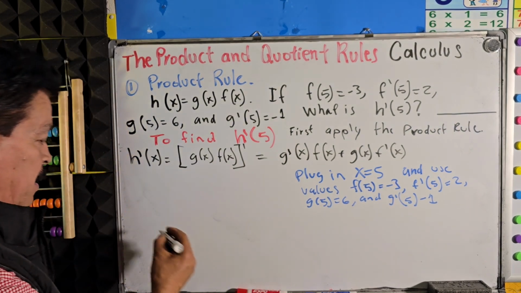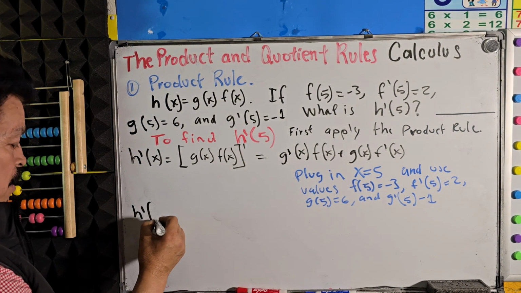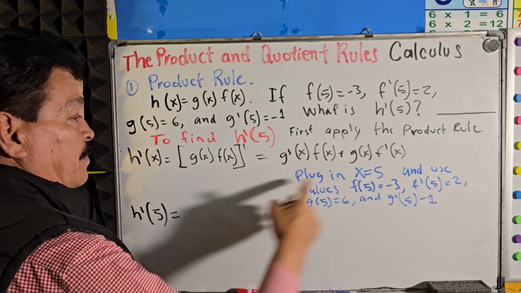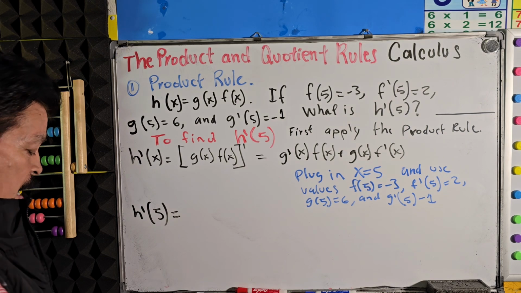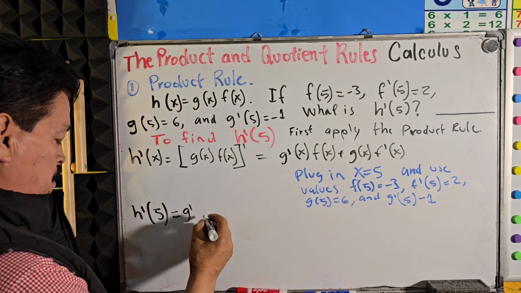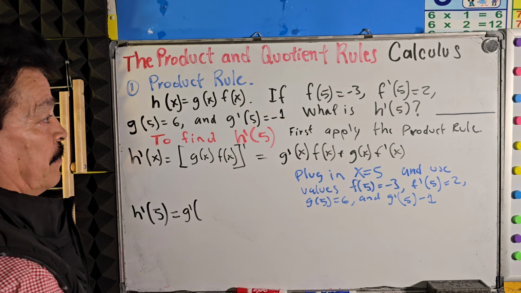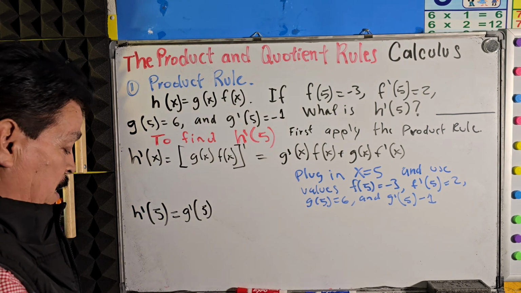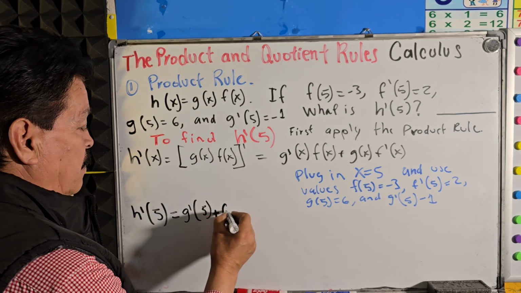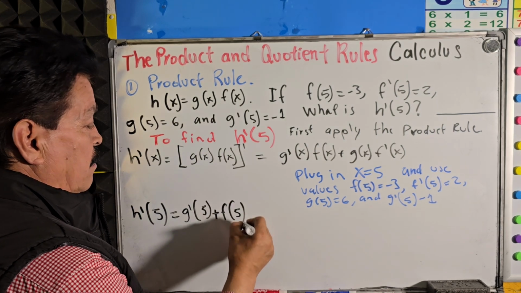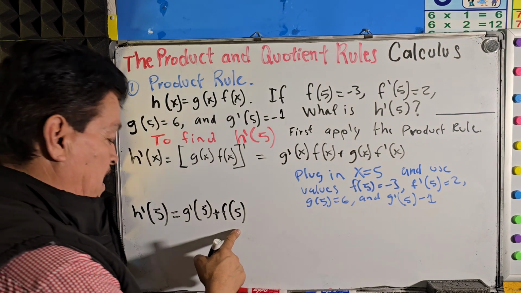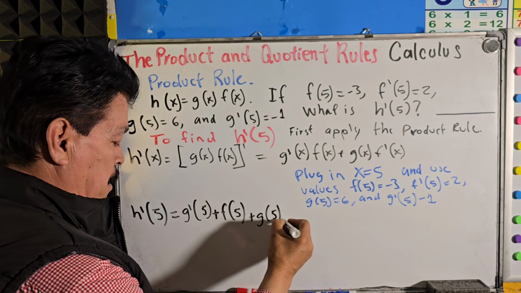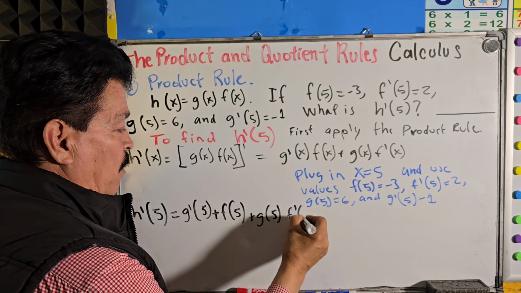Then we have h prime of phi, where x equals phi: g prime of phi times f of phi plus g of phi times f prime of phi.